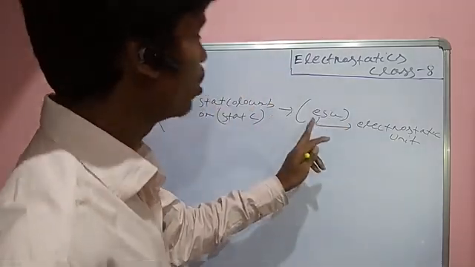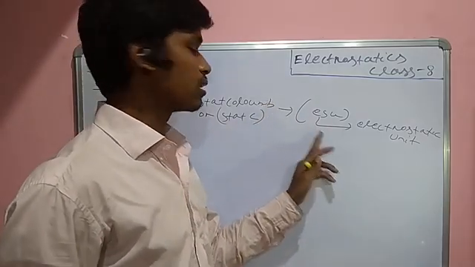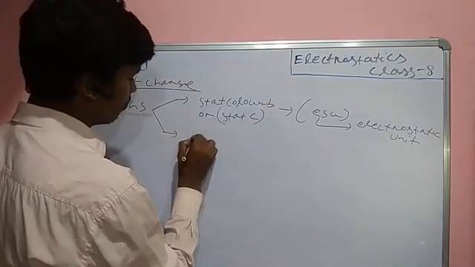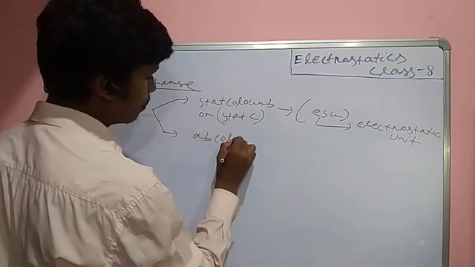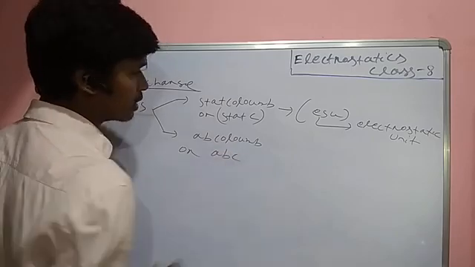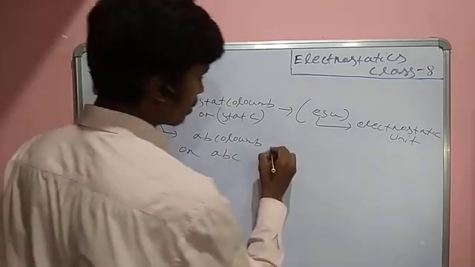In ESU, the unit of charge is what? Statcoulomb. Another is abcoulomb, shortly written as abC, in EMU.